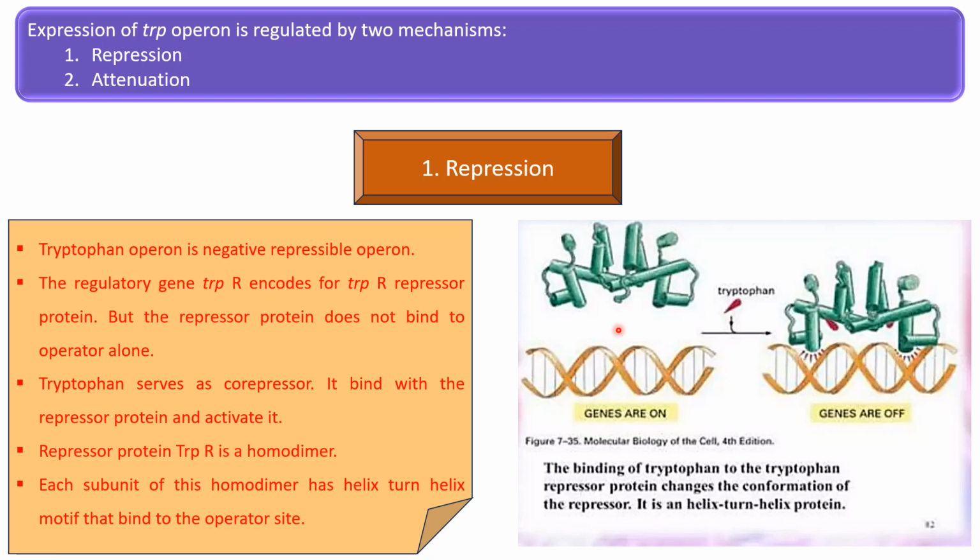It requires activation by a co-repressor, and here tryptophan itself serves as the co-repressor. It binds to the inactive form of the repressor protein and converts it into its active form due to conformational changes, and then this complex of co-repressor with repressor protein will bind to the operator region of the tryptophan operon.